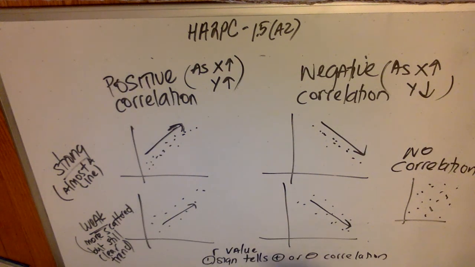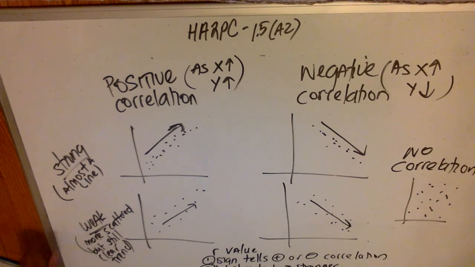If it's a negative 0.8, we're talking negative correlation. And then the absolute value of R: if it's close to 1, then it's strong. If the absolute value of R is close to 0, it's weak. So stronger the closer to 1, weaker the closer to 0.